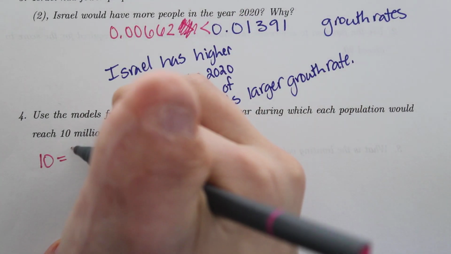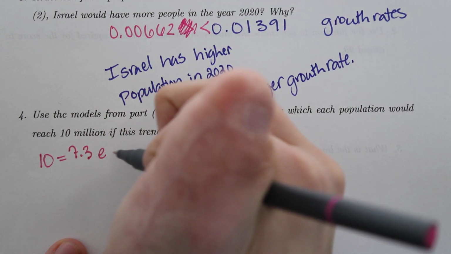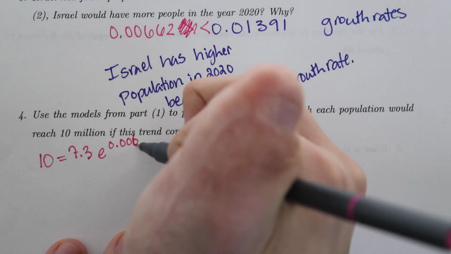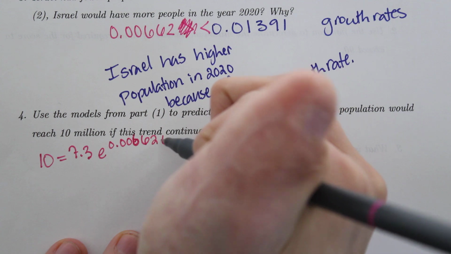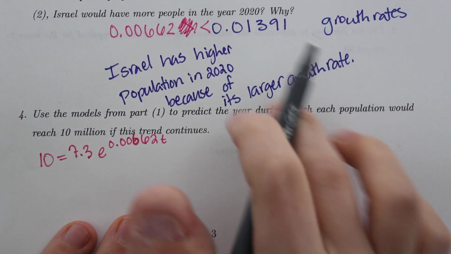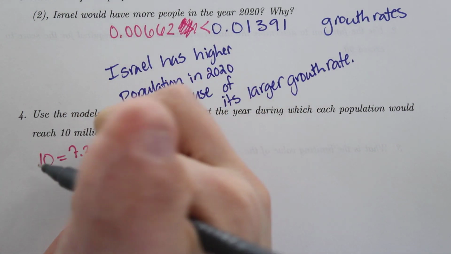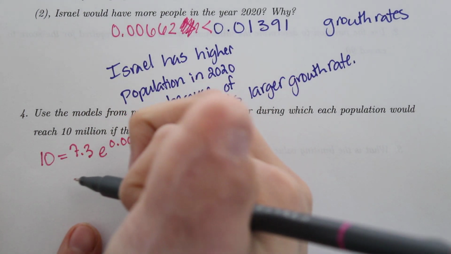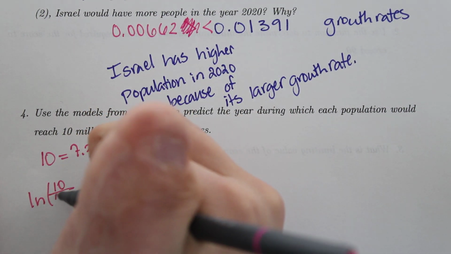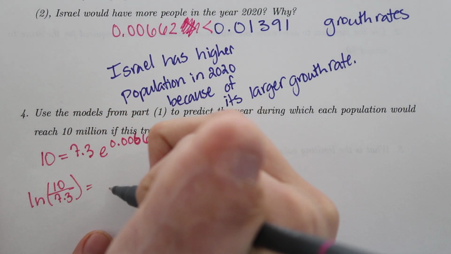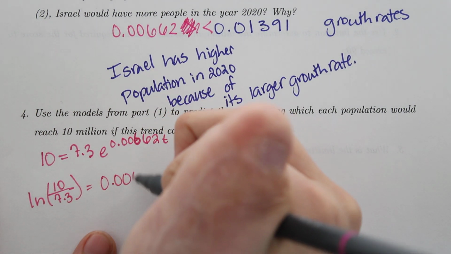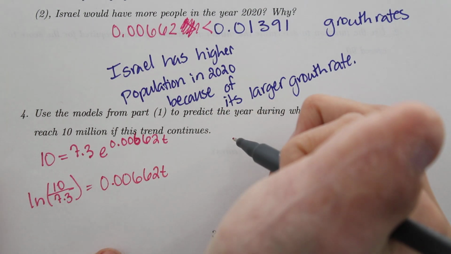Remember their P of t is 7.3 e to the 0.00662 times t. And we want to solve for t. Like before, we're going to divide both sides by 7.3, and take the ln of both sides. So we have ln of 10 divided by 7.3 is equal to, the ln of e is 1, 0.00662 times t.